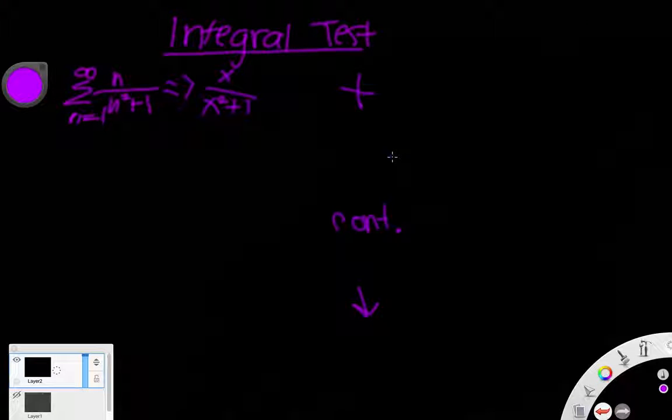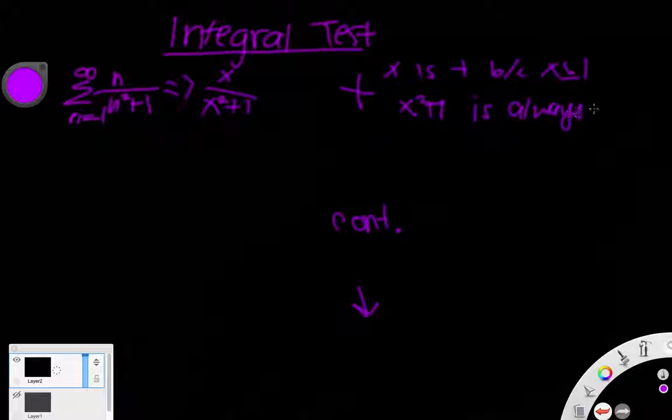The answer is yes, but you can't just check it off, you have to explain your answer. So let's explain our answer. X is always going to be positive because x is greater than or equal to 1, and x squared plus 1 is always positive. So this fraction will always be positive. So we've checked off the first requirement.